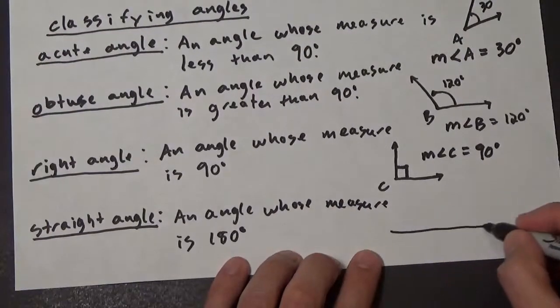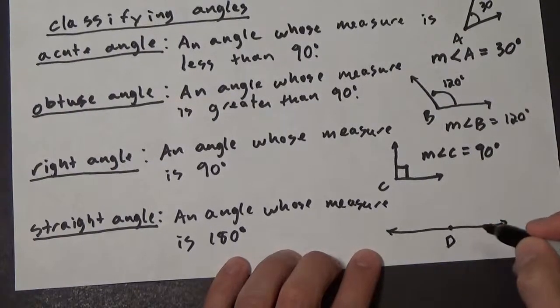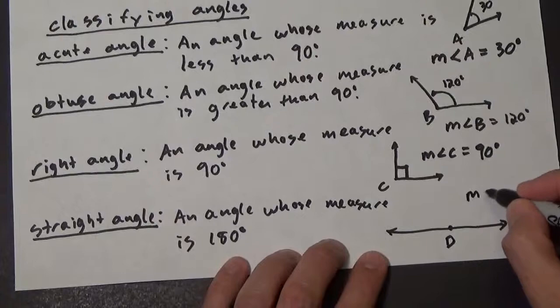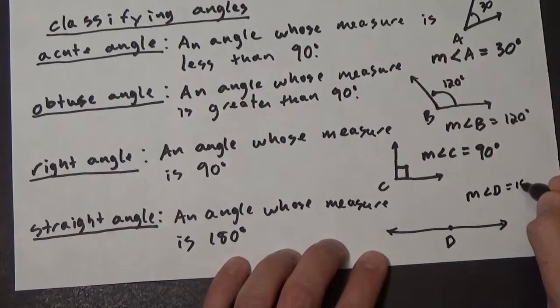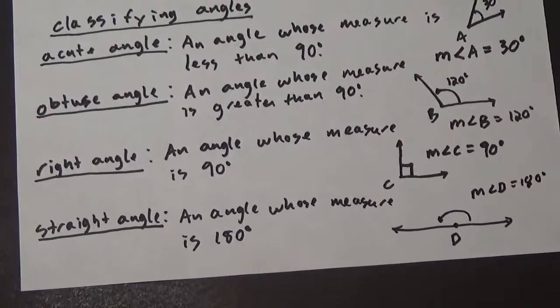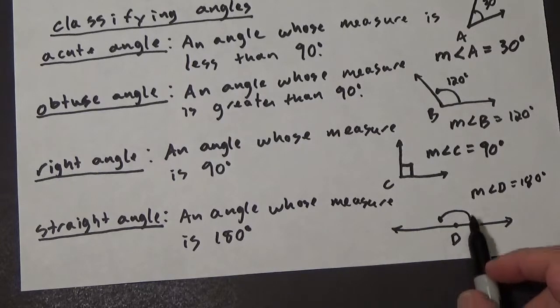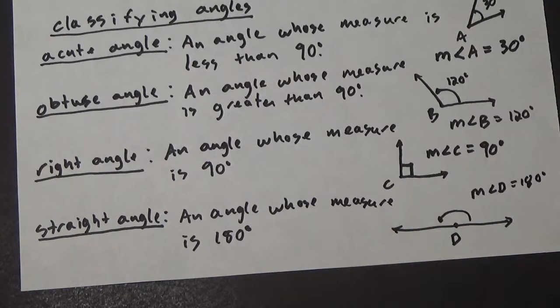Let's say we have a line here. In this case, the measure of angle D equals 180 degrees. And we're basically going from here to here. So when you have a straight angle, in essence, you just have a line. But we'll be using this concept of the straight angle to help us solve different types of problems.